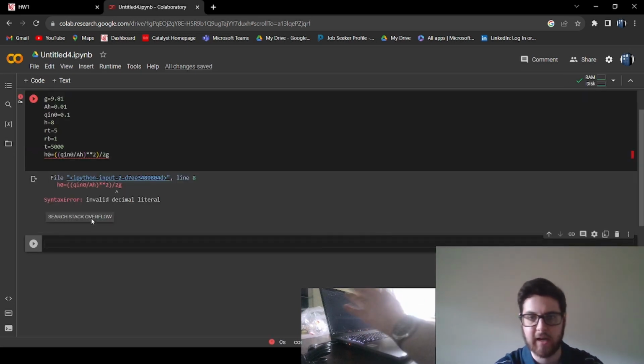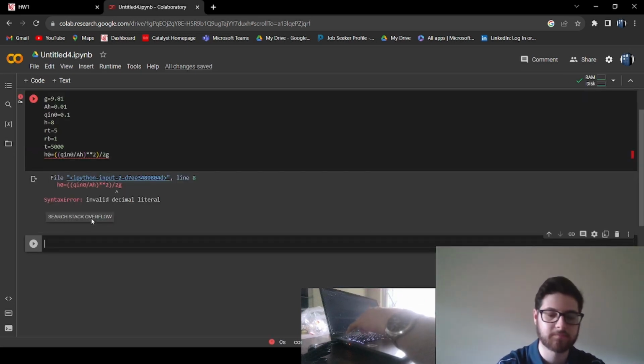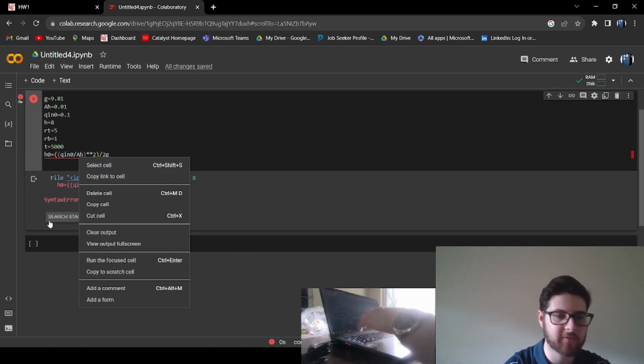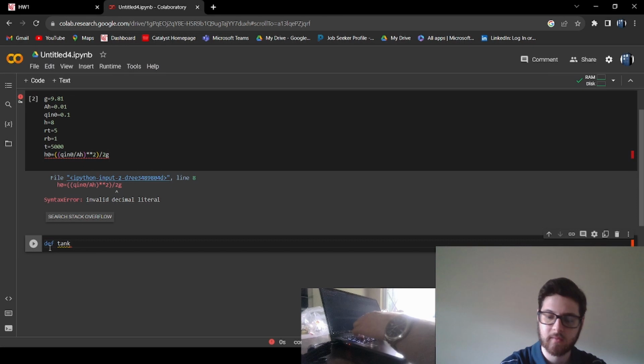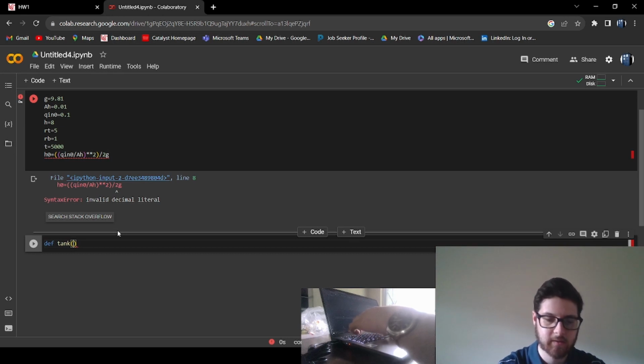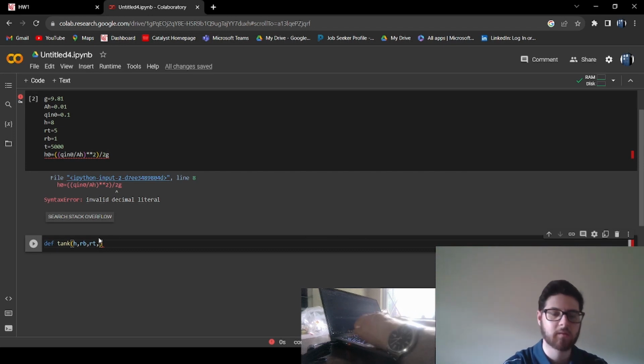Alright, I think we are set to run these, a new line of code, and then we can define that radius, which will define the overall cross-sectional area. What's this? I'll fix that later. Call this tank. Let's set some parameters. I might get this in the wrong order, but we'll see.